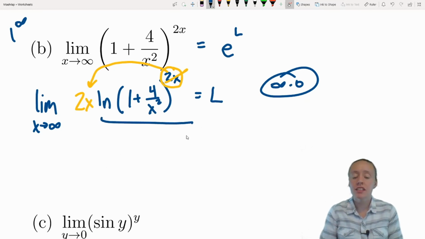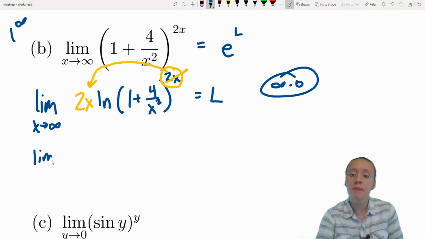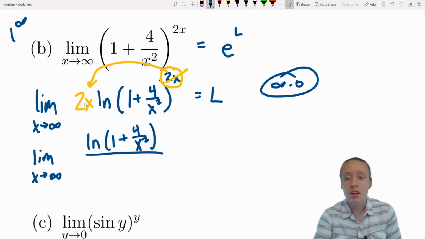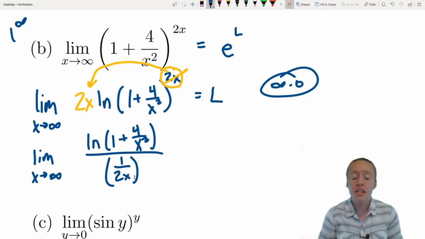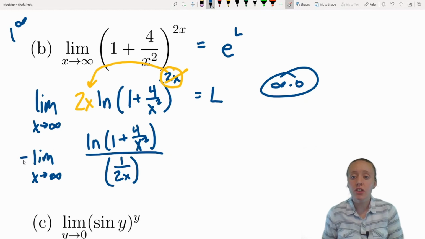Because this ln gets a little messy, let's do this simpler function to x. So I'm going to take the limit as x approaches infinity of ln of 1 plus 4 over x squared as is, divided by the reciprocal of 2x, so that's 1 over 2x. You can see I didn't change the value of my problem at all. This is still all equivalent to L.